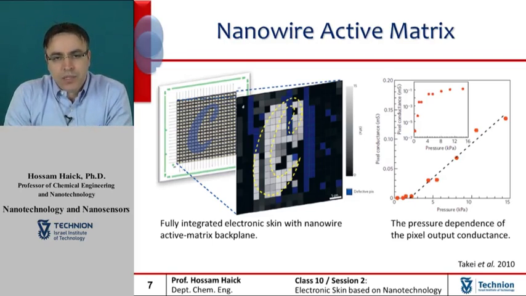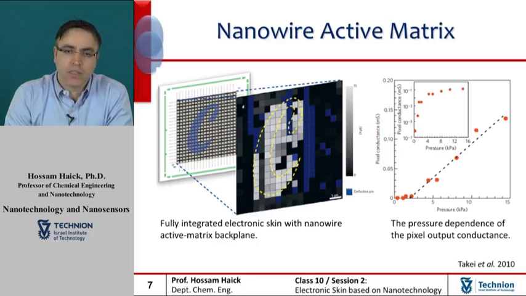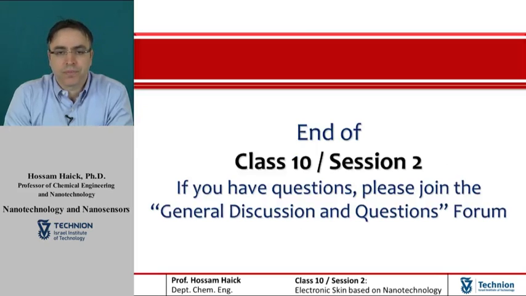The output conductance for each individual pixel, in this case, was measured and plotted as a two-dimensional intensity plot. The pixel signals around the letter C are clearly affected by the pressure applied. The blue pixels are defective.